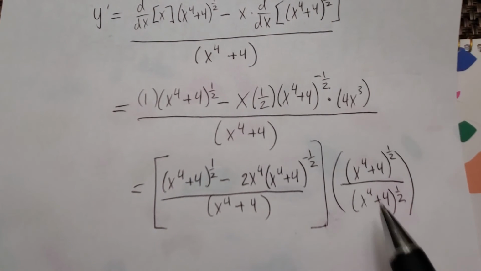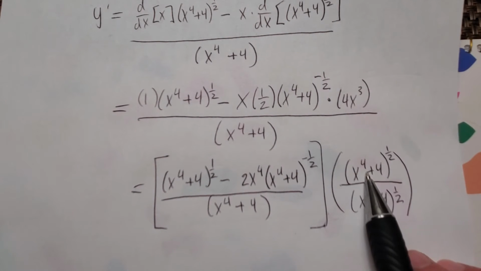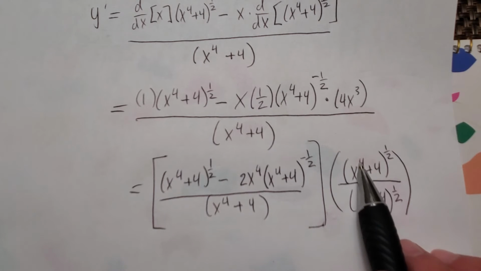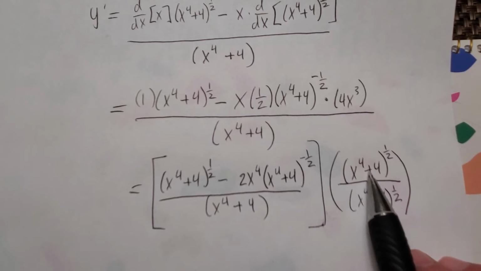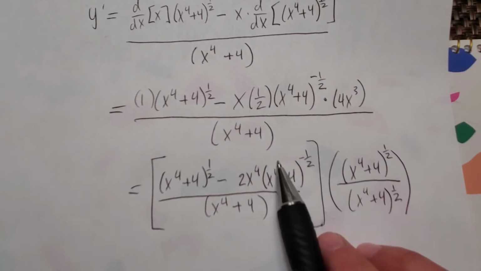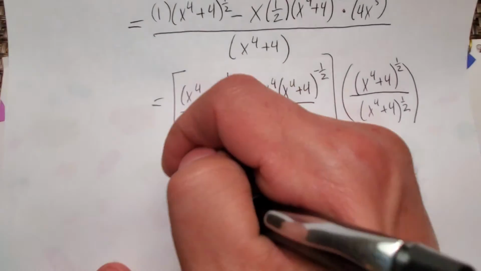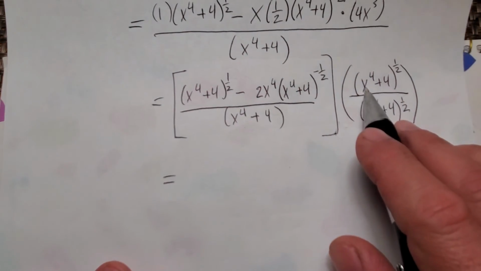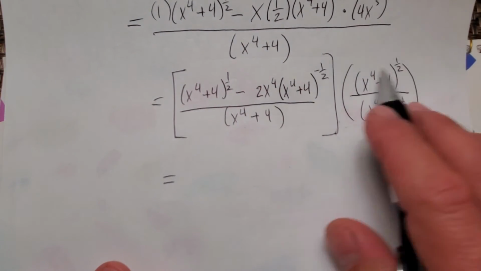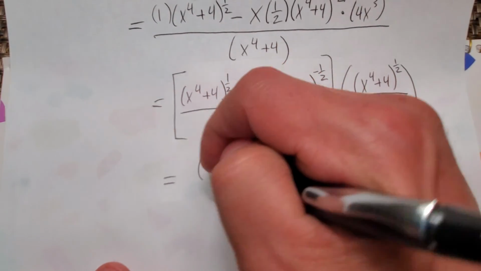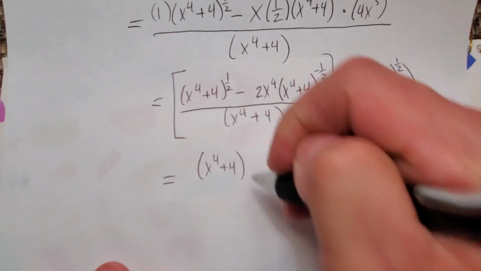All right, so now what I need to do is distribute this into the numerator. So I'm going to multiply x to the 4th plus 4 to the 1/2 times each thing in the numerator. So let's see what happens. So x to the 4th plus 4 to the 1/2 times x to the 4th plus 4 to the 1/2 is just x to the 4th plus 4.